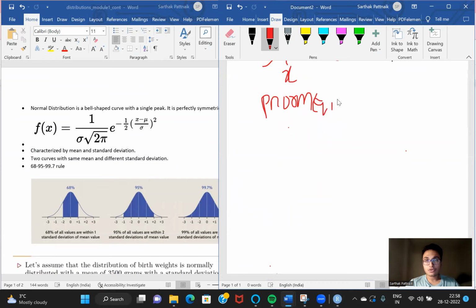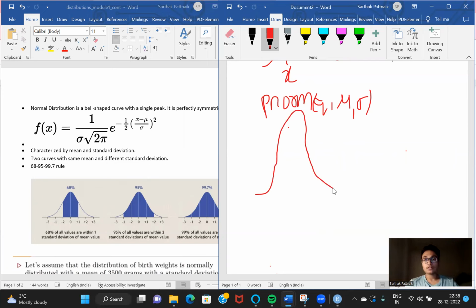We give q comma mean. So basically what pnorm does, one easy way to remember this is p stands for probability, p stands for proportion.